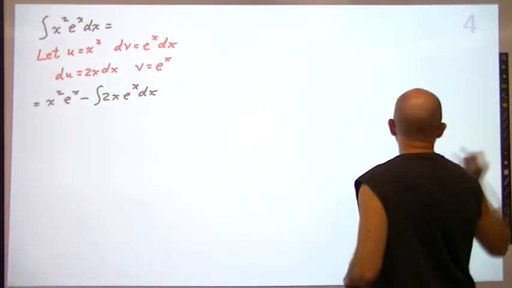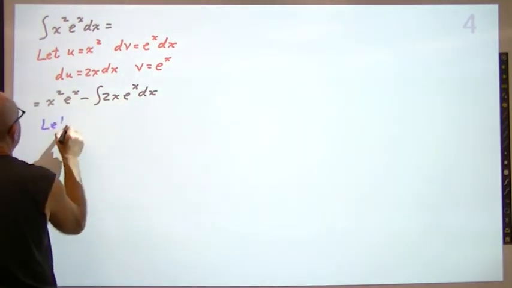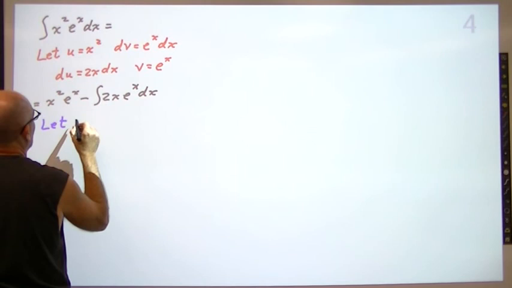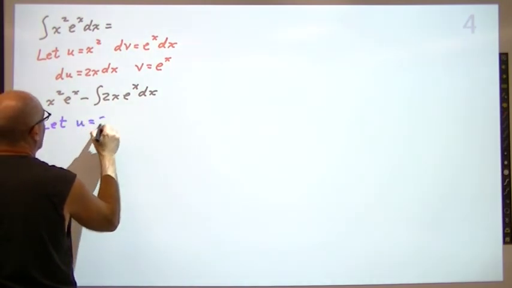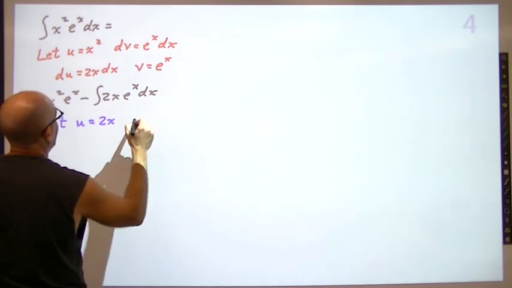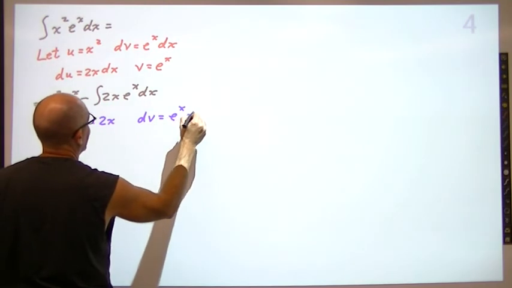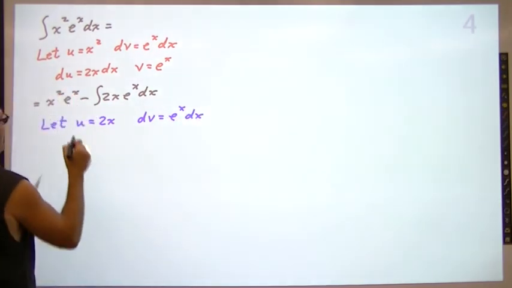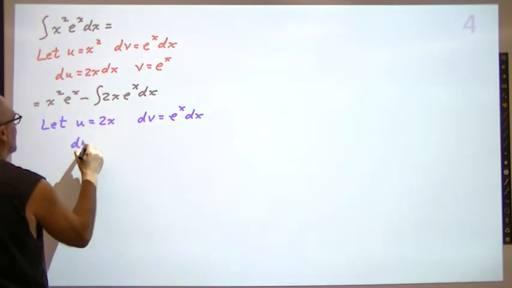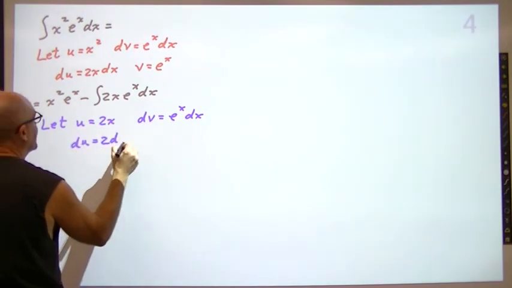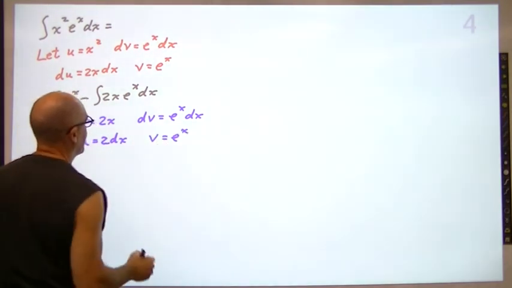So we're going to do integration by parts again. This time we're going to let u equal 2x, and then dv equals e to the x dx. So that means I've got du equals 2 dx, and v is e to the x again.